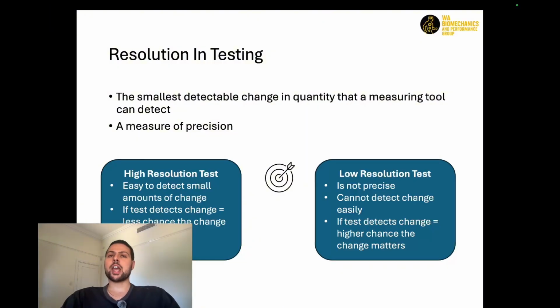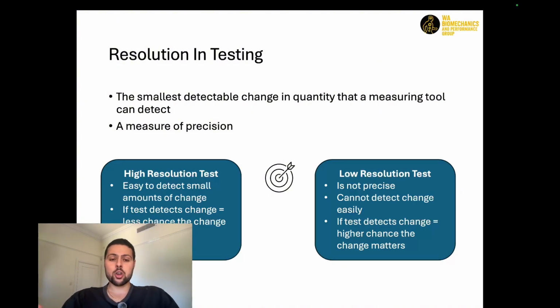A low resolution test is not precise. It can't detect change that easily. And if the test can detect a change, then there probably is a higher chance of that change mattering or being clinically significant.